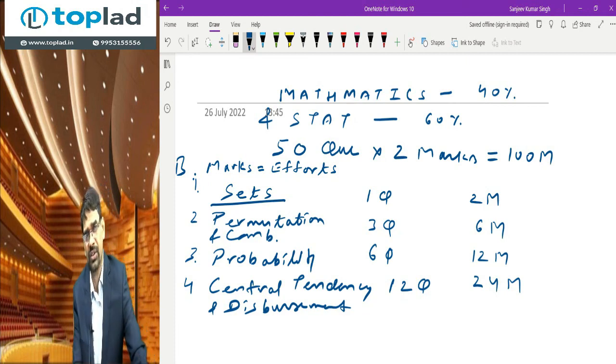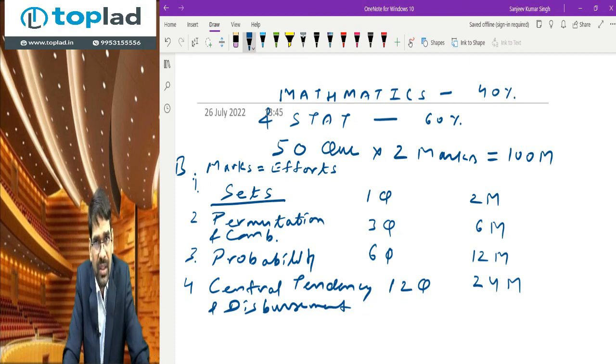Mathematics and statistics are basically practical subjects. You can't just read them like a novel. If you really want to get 100 out of 100 marks, you have to do a lot of homework and practice. Practice needs a better understanding of the subject.